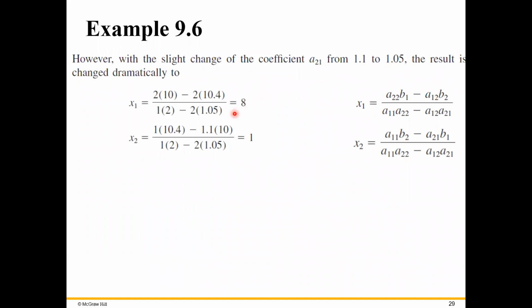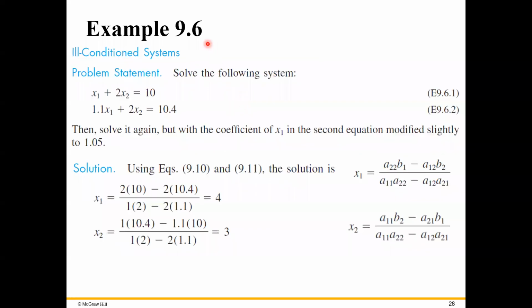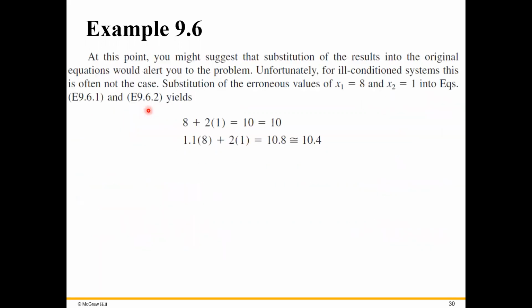But if I want to check the solution of the first system of equations with x1 equal to 8 and x2 equal to 1, we will see that it almost satisfies these equations.